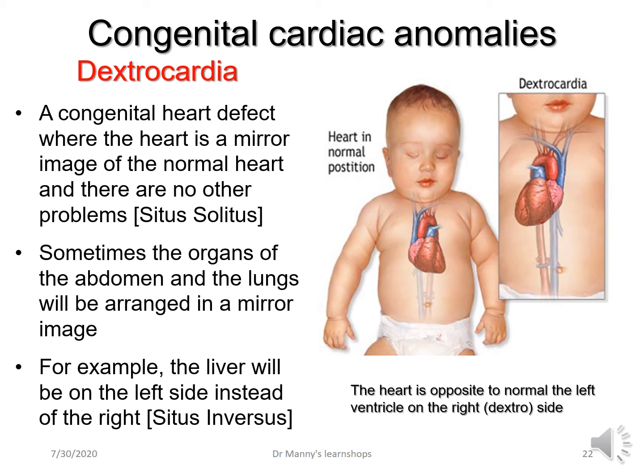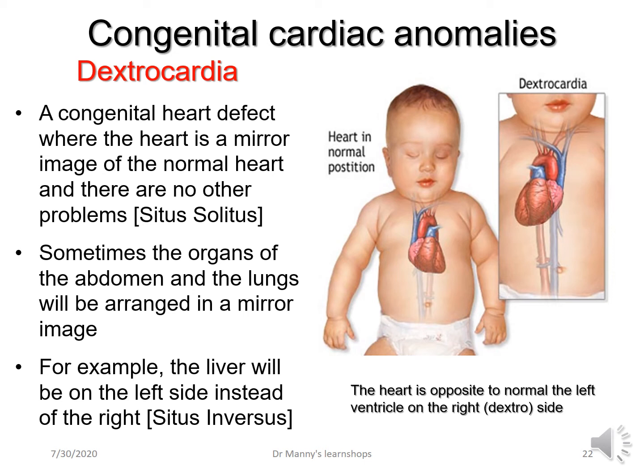This is called situs solitus, which is Latin, and means the heart is in the incorrect position. However, the abdominal organs are sited in the right place. Sometimes, the organs of the abdomen and the lungs will also be arranged in a mirror image.